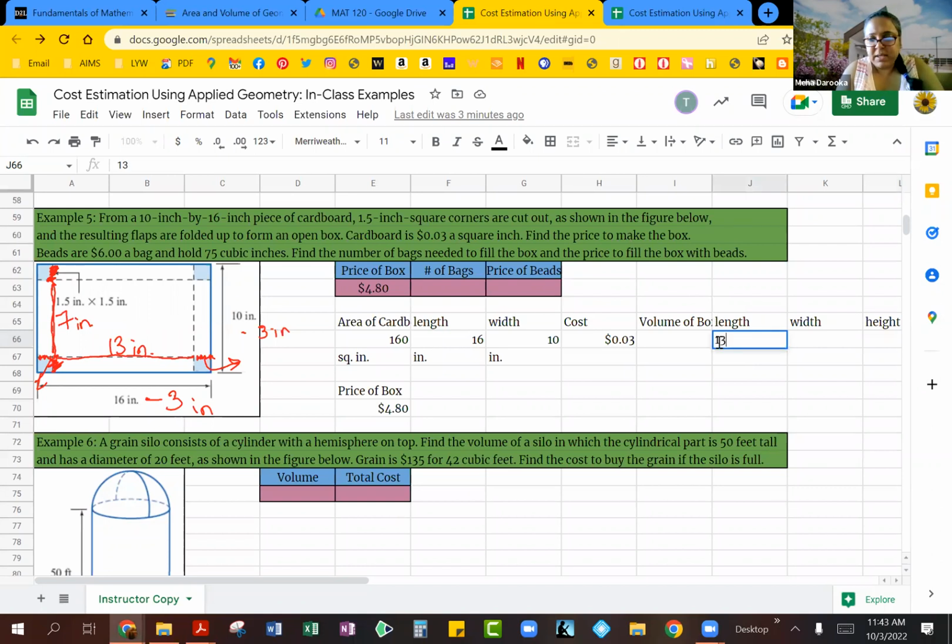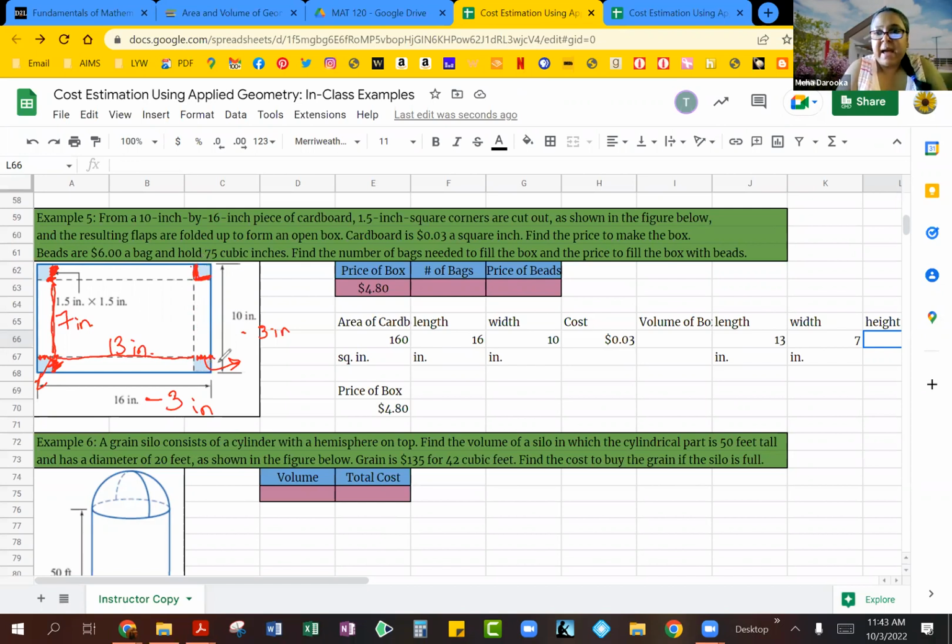So the length of our box is going to be 13 inches. The width is going to be 7 inches. And then what was the height for this one, guys? Yeah, Sabrina, exactly. So you have to do it for each end of the length and the width. Your height is going to be 1.5 because again, the square you are cutting out, this distance is 1.5, this distance is 1.5.